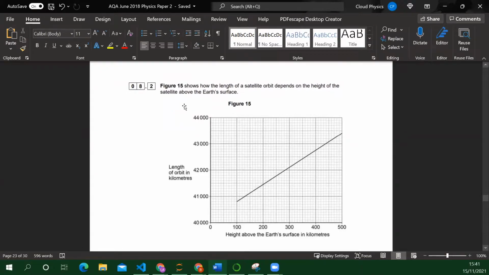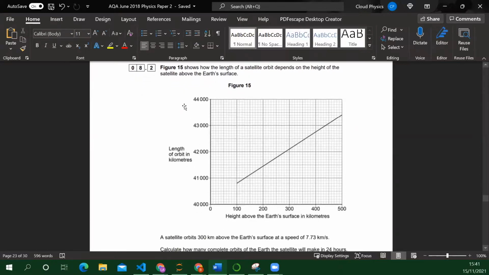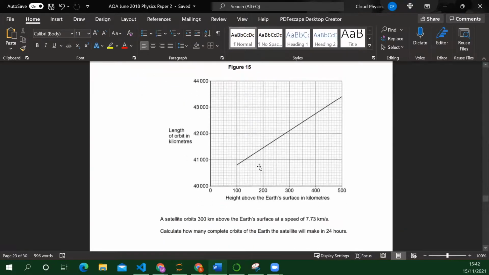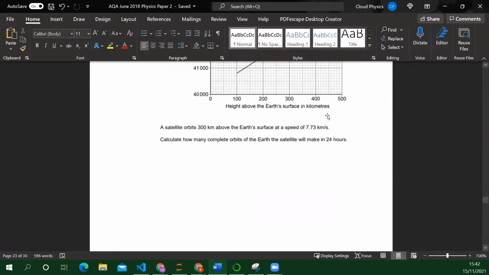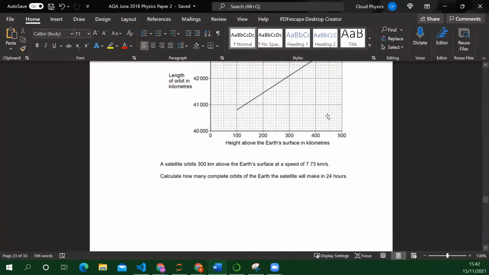Right, figure 15 shows how the length of a satellite orbit depends on the height of the satellite above the Earth's surface. Quite predictably, the orbit gets longer the further away it is from the Earth. It's like a bigger orbit. A satellite orbits 300 kilometers above the Earth's surface at a speed of 7.73 kilometers per second.